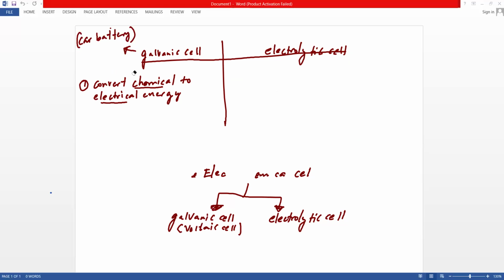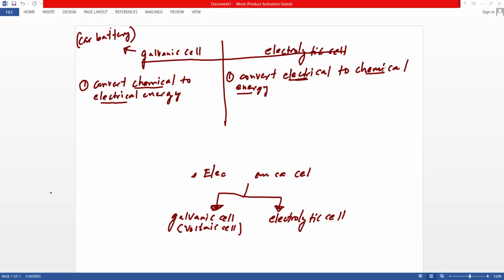A galvanic cell converts chemical to electrical energy, whereas an electrolytic cell converts electrical to chemical energy. It means it uses electricity to produce chemicals.